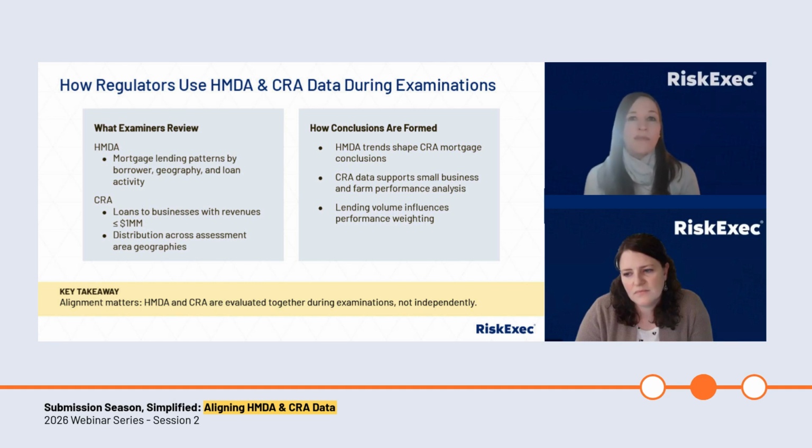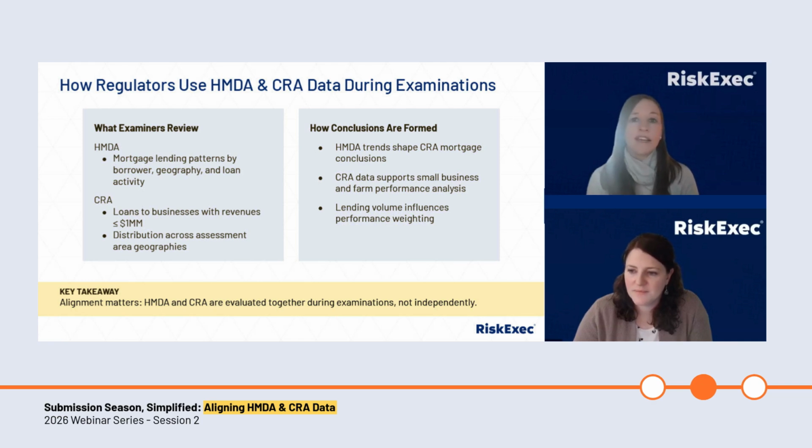Another really important element to know and understand is that when examiners are looking at the HMDA and CRA data together, they are ultimately looking at volume to drive some weighting in the evaluation. So as an example, if your lending activity, and I mean that holistically, home mortgage, small business, small farm, if you are more of a small business or small farm lender, those conclusions related to small business or small farm are going to carry more weight in the exam.